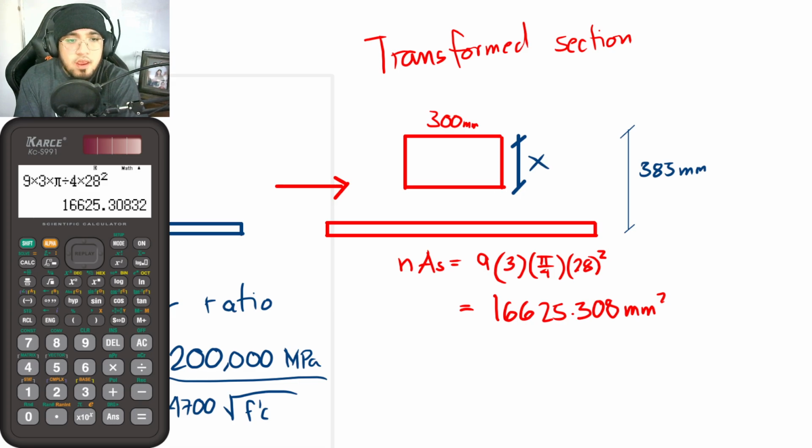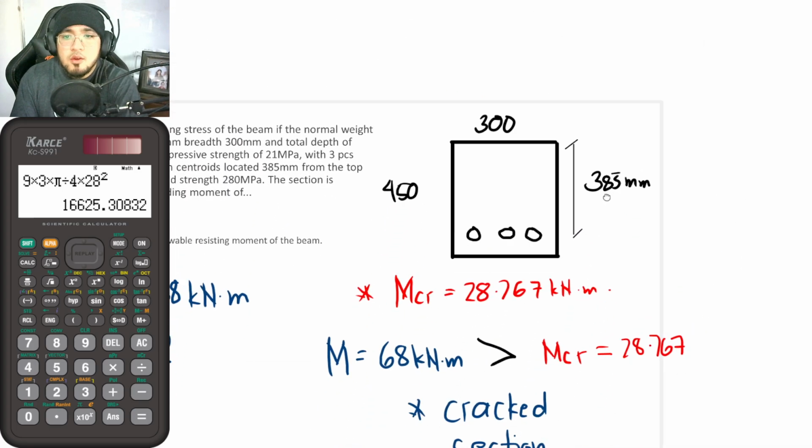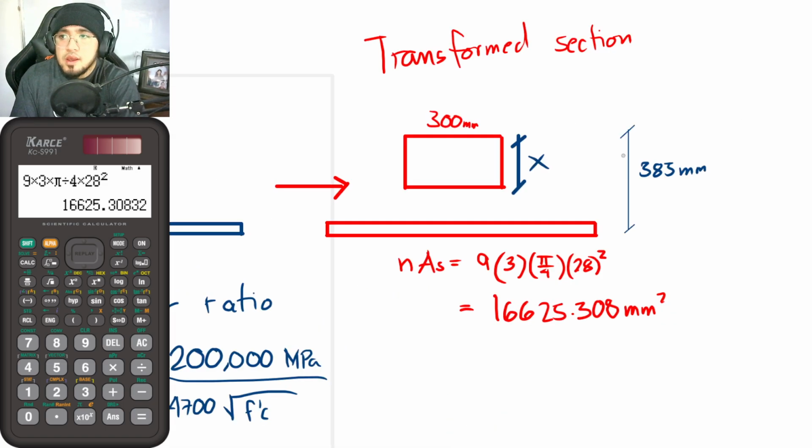If you are thinking that previously we said the neutral axis is located at the middle, and that this should be 225 mm, then actually you are wrong. That is not the case here, since our section has already cracked. In order to solve for this value, we will make use of Varignon's theorem.